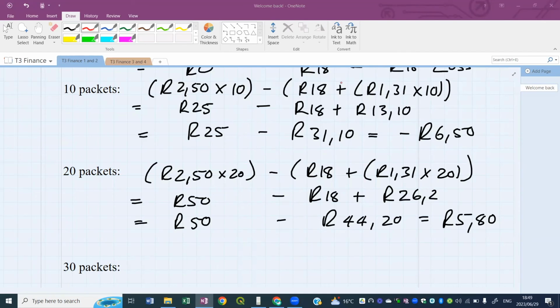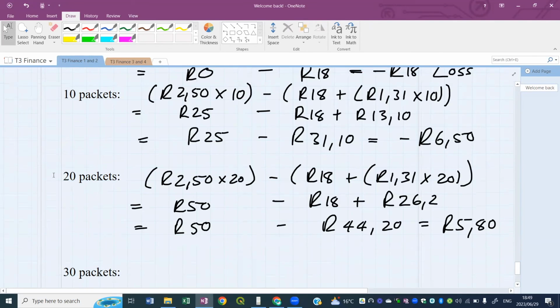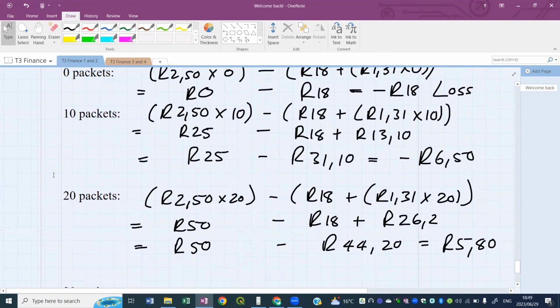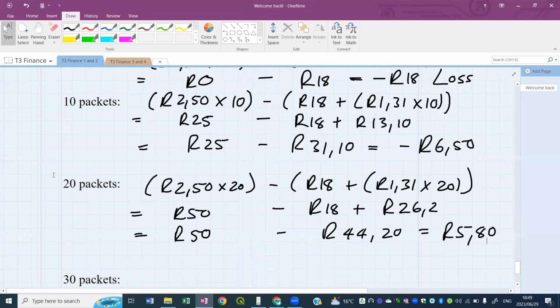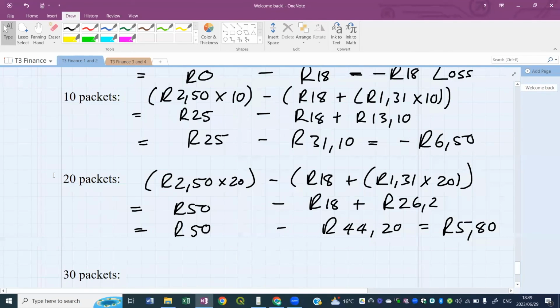So this is an exercise that she would have to do. She'd have to build these equations, do some examples, and get to a point where she knows she's going to make profit. Now, if we had to ask, ladies and gentlemen, how many exactly must she sell to make profit? Exactly, not roughly like 20 or 10. Exactly how many of these packets must she sell to make profit or loss?